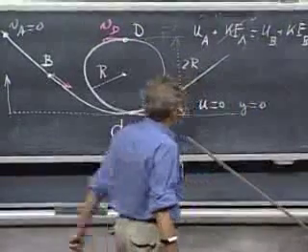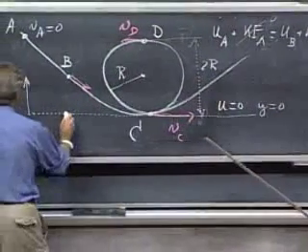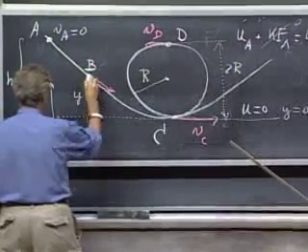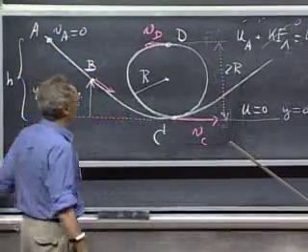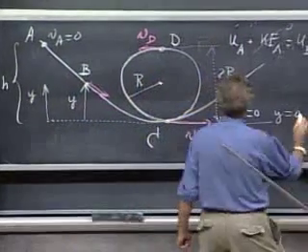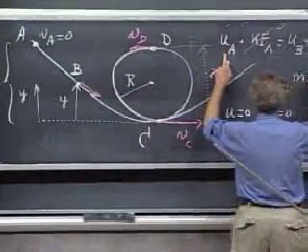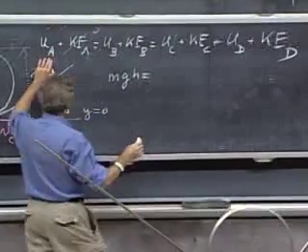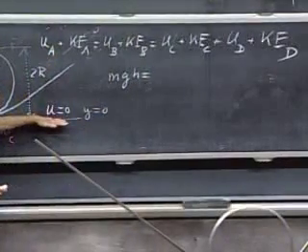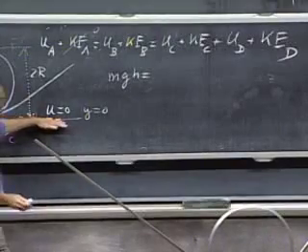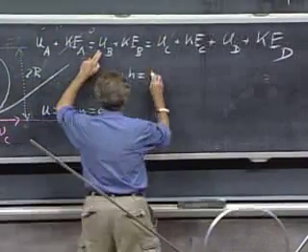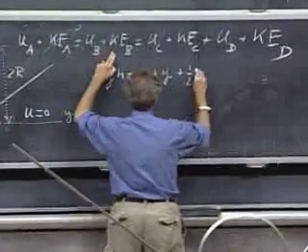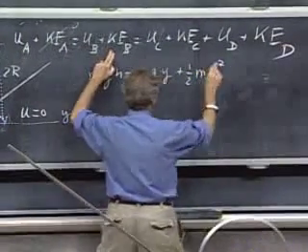And so now I can write this in general terms of y. Say, take this point B, think of that being at a location y above the 0 line. Then I can write down now that U_A, which is mgh, that was a given when I started, that was all the energy I had, that was my total mechanical energy. If I call this U0, which is a free choice I have, it equals U of B, which is now mgy, plus 1/2 m v squared at that position y.